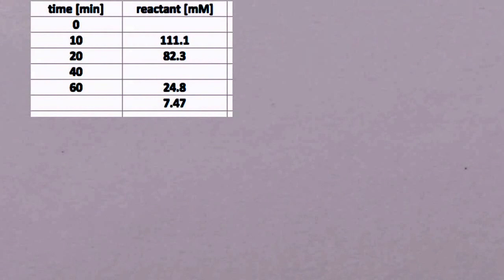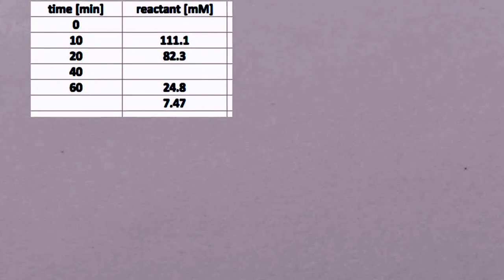So here are the data again. First of all, let's write down one of the equations for a first order reaction, right?